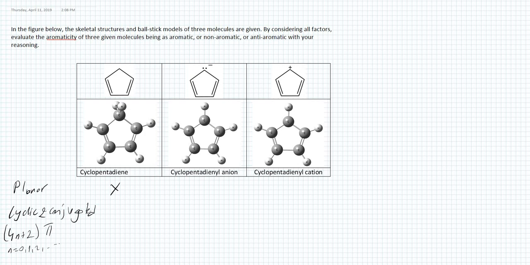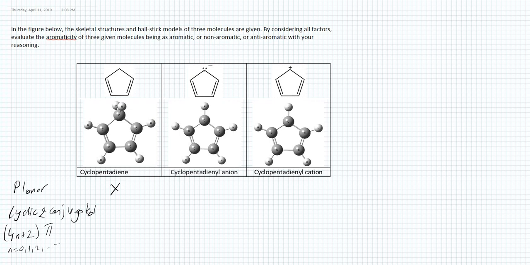Cyclopentadienyl anion and cation. Based on the model, they are planar. And also, if you look at the hybridization of each carbon, all of them are sp2. Here, if you look at the structure, we have a lone pair.